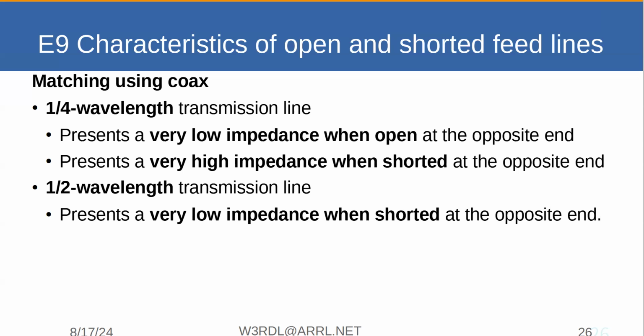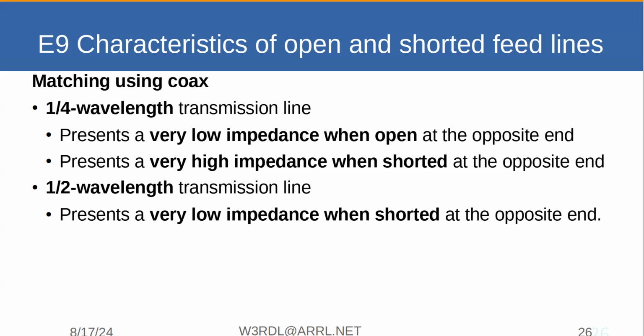Essentially, it looks like it's shorted, and just the opposite, it looks like a high impedance when it's shorted at the other end. If you do a half wavelength, it's really two quarters. So if you short it at a quarter wave, it's infinite. Another quarter wave is shorter. And if it's open, it's shorted and it's open.